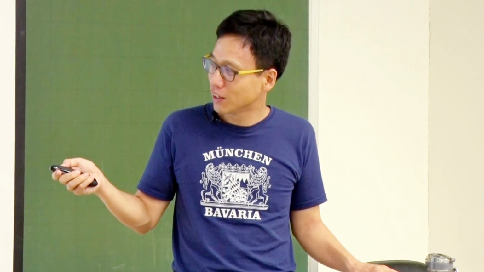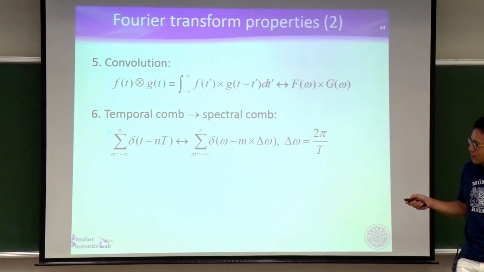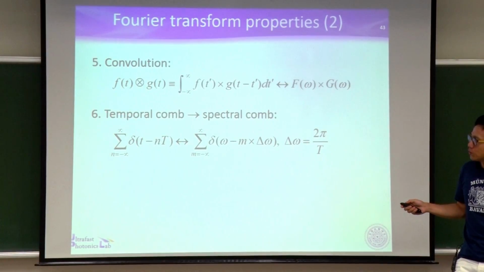So basically, a comb function means a periodic delta function, like this: sum of delta of t minus nT, n is an integer. So you can imagine this temporal comb function is a series of delta functions uniformly spaced by big T. Big T is your period.